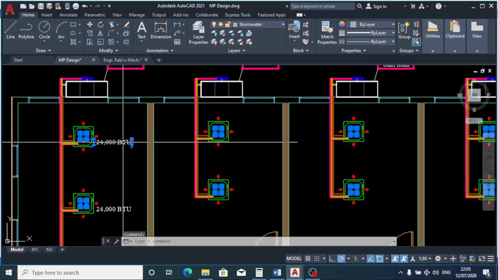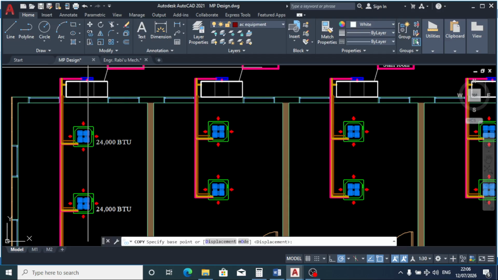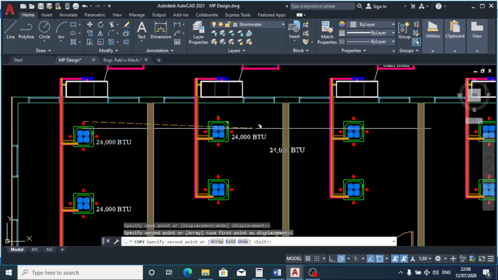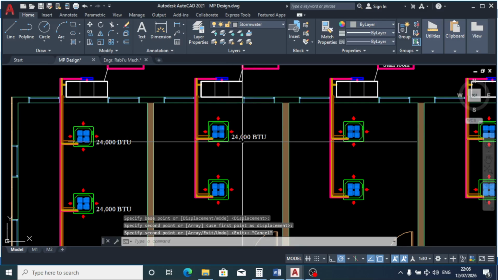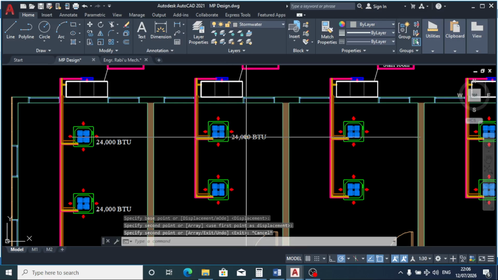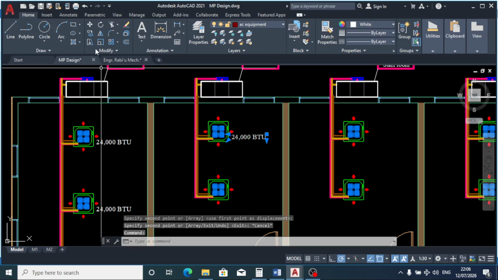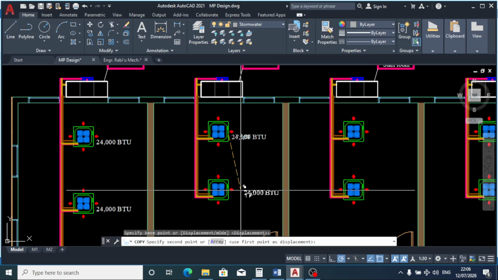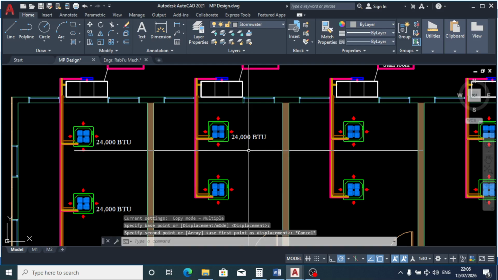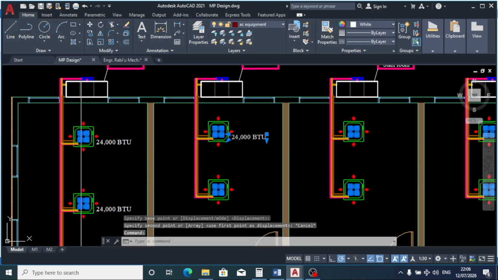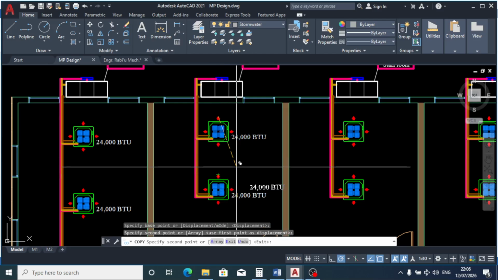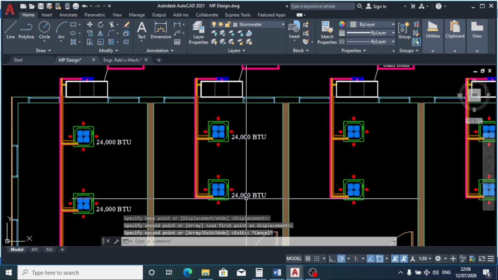But what we can do is use 24,000 BTU for this, and then use 18,000 for this.